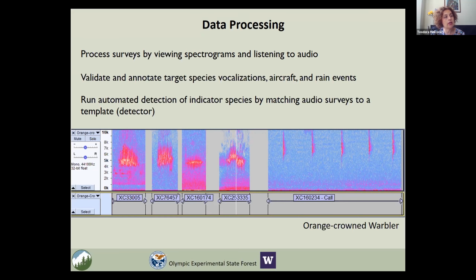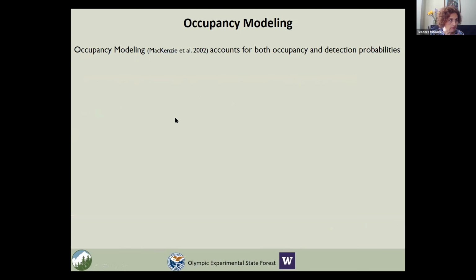Then we run an automated detection of indicator species by matching the calls. You see here the calls and songs of the orange-crowned warbler, so we match those to our spectrograms to identify in which survey a certain species was present.